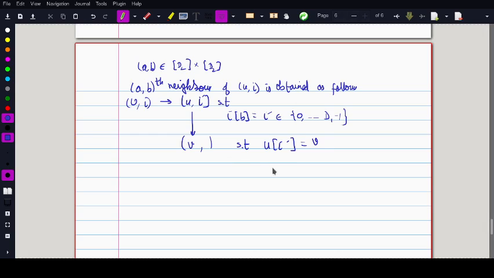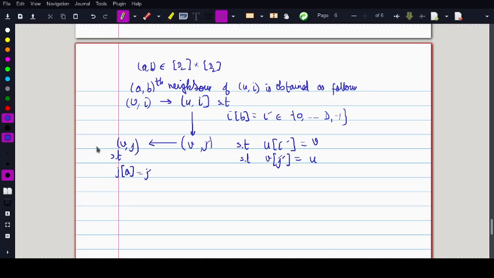So you have this nice property, and after that you go to a j prime such that v of j prime is equal to u, and then you go from v comma j prime to v comma j in such a way that j of a is equal to j prime, where a was from the a comma b that we had taken earlier.